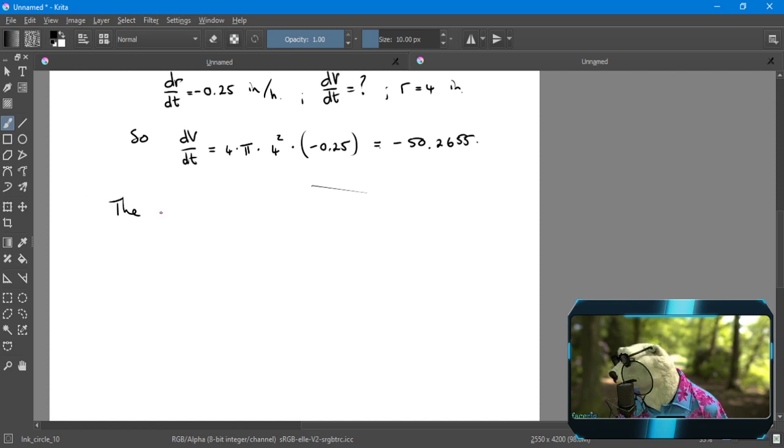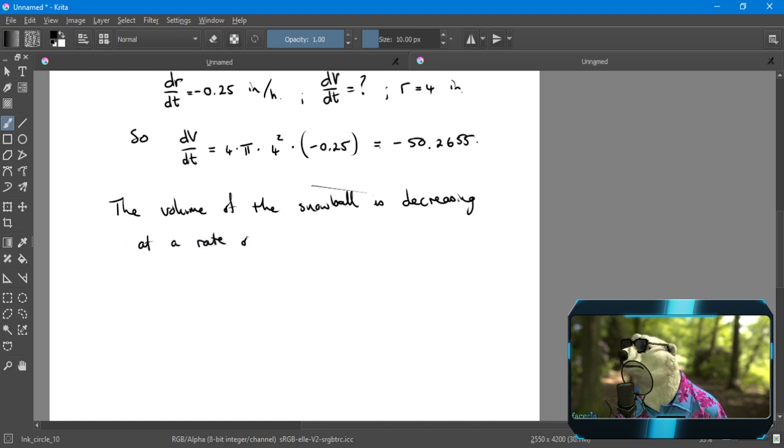The volume of the snowball is decreasing at a rate of 50.2655 cubic inches per hour.